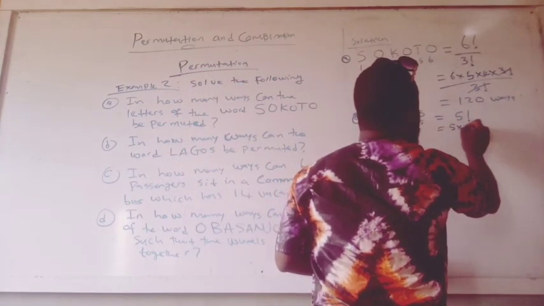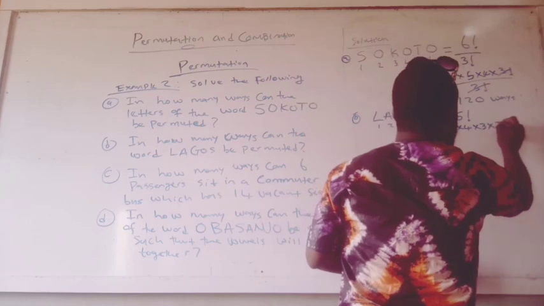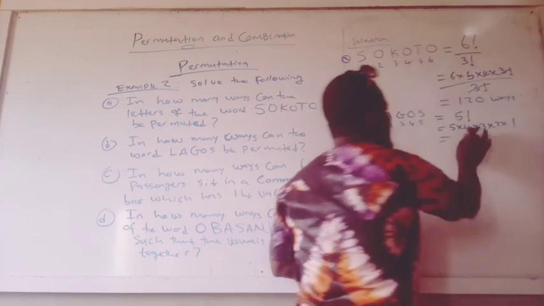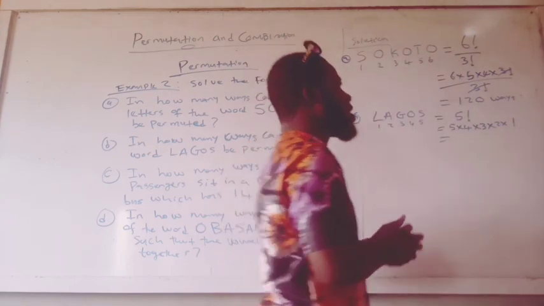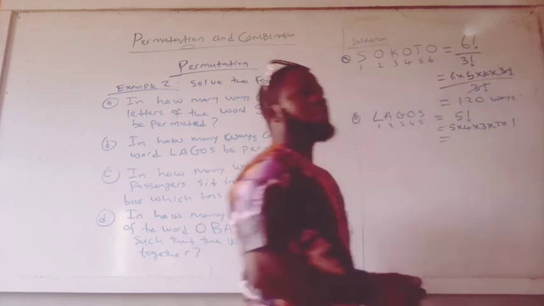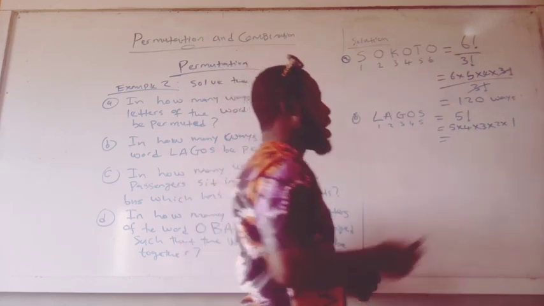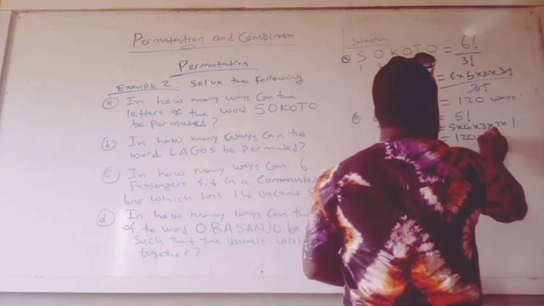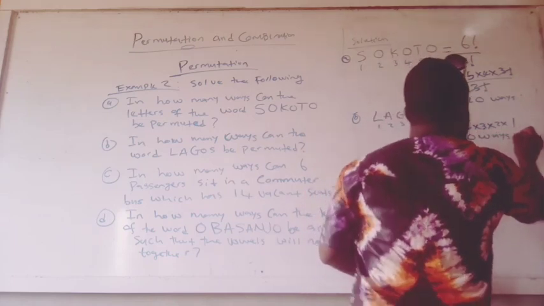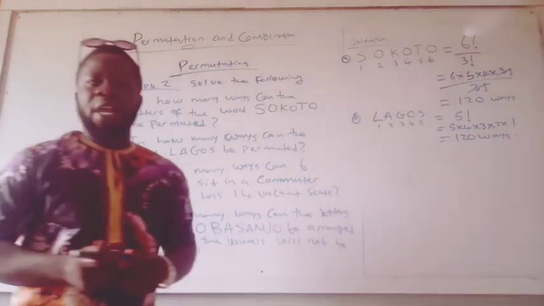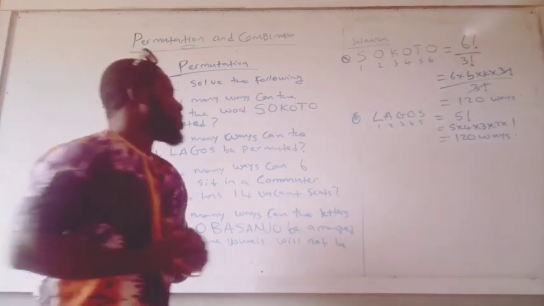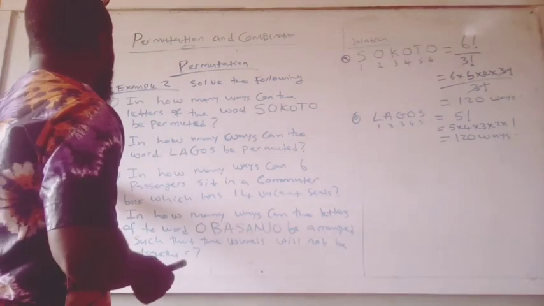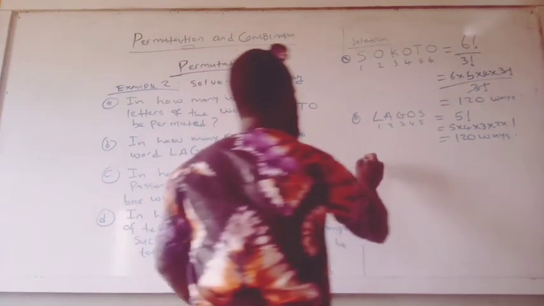That's 5 times 4 times 3 times 2 times 1. 5 times 4 is 20, 20 times 6, giving 120 ways as well. I believe you are getting along with the explanation. So let's go to the C part.